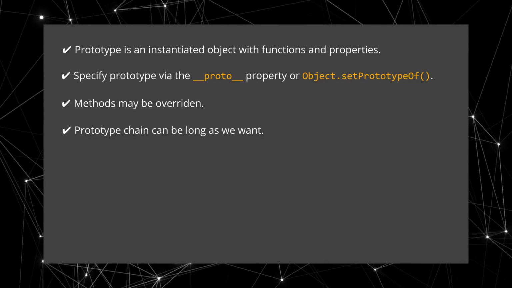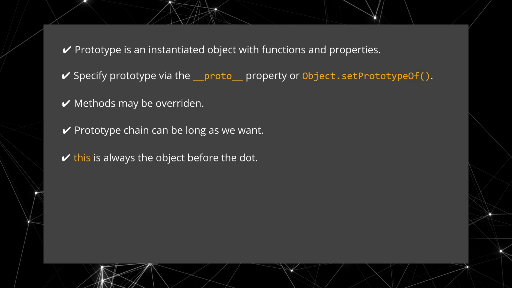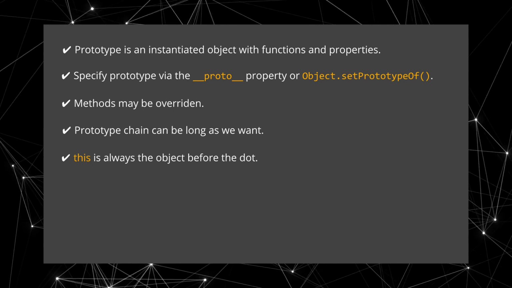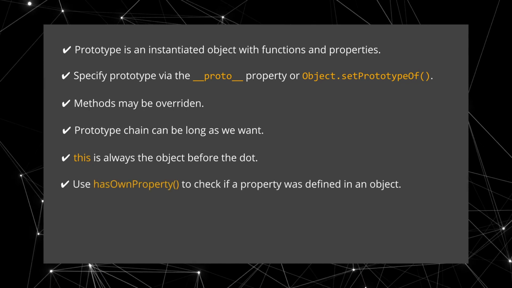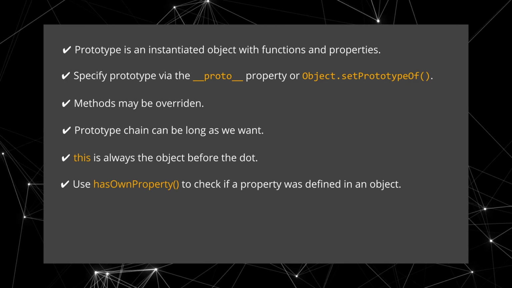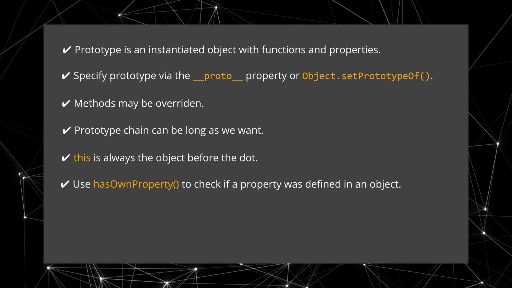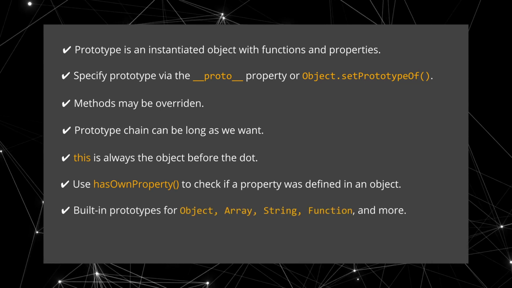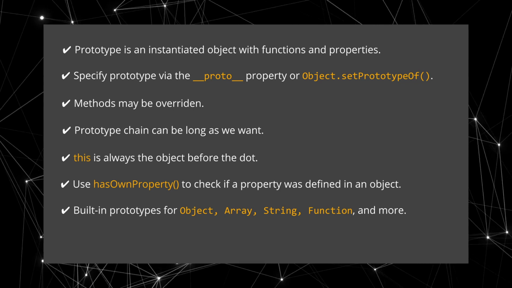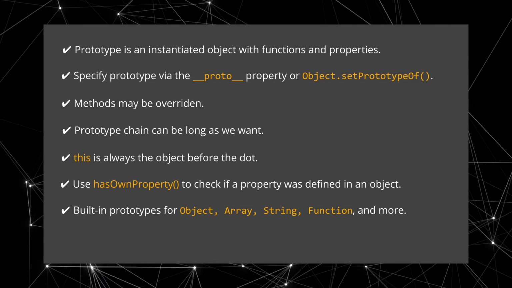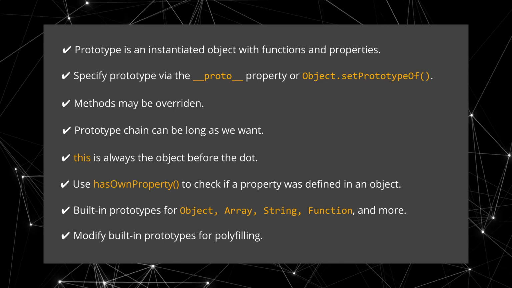We can make the prototype chain as long as we want, and even with inherited methods, this is always the object before the dot. Use the hasOwnProperty method to check if a property was defined in an object or whether it was inherited. JavaScript provides built-in prototypes for object, array, string, function, and more. You can modify built-in prototypes, but do that only for polyfilling.